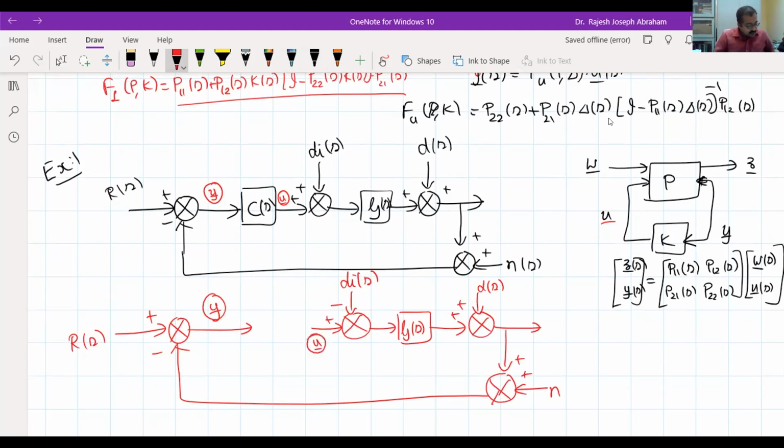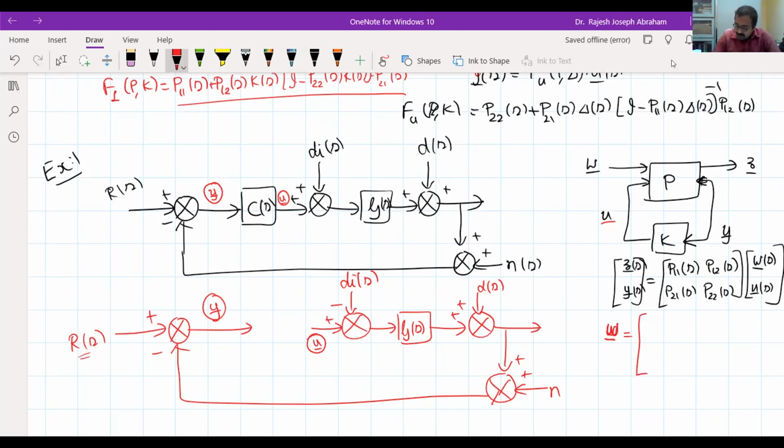Right? Now the question is, what is W(s) here? W bar means what? Let us identify these signals first. W bar is the exogenous input to the plant. So what are the exogenous inputs here? One is the reference input R(s).